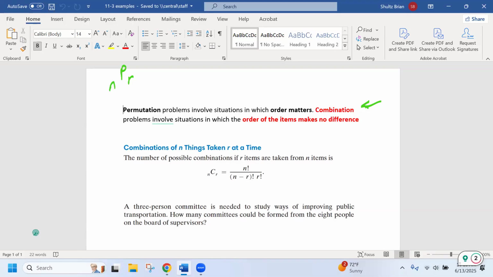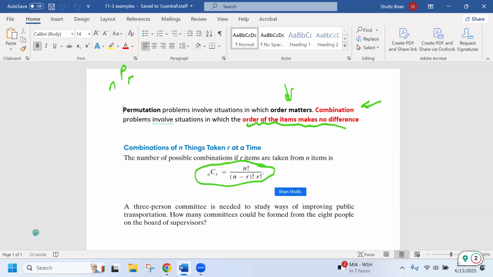In permutations, order matters. Okay, combinations are what we're talking about today. And in combinations, the order of the items makes no difference. And that's what's written right there. And the formula that we use is given right here.